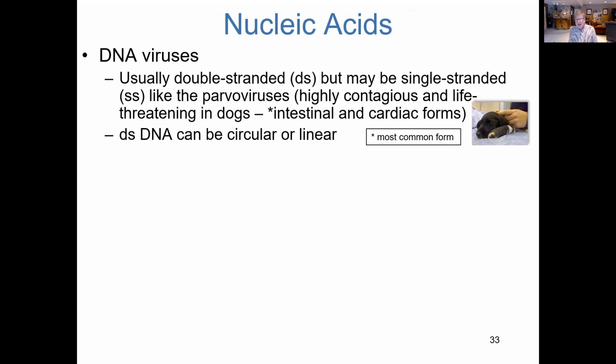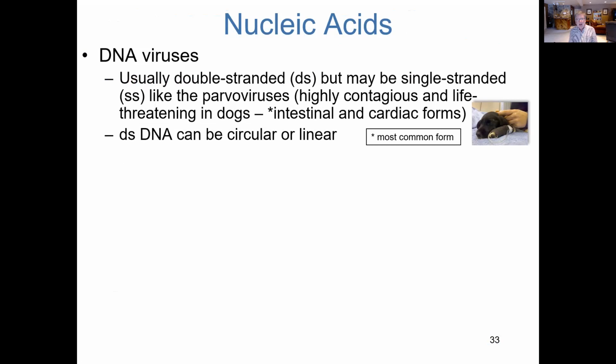Well, believe it or not, there is such a thing as single-stranded DNA. I'm not going to get into it beyond simply telling you that some viruses contain single-stranded DNA. And the group that I'm mentioning here, of course, is a group called the parvoviruses, or parvo for short. If you have a puppy or a dog at home, you've probably heard of parvo.